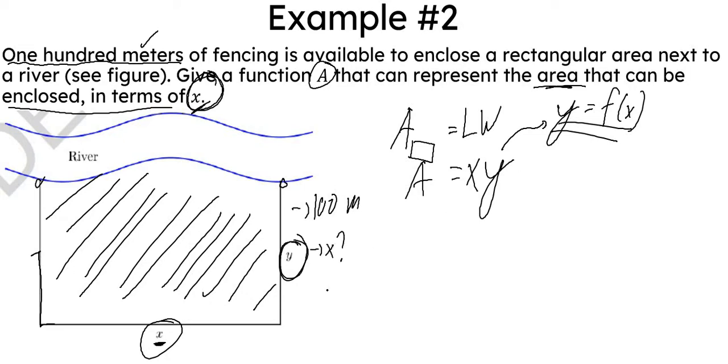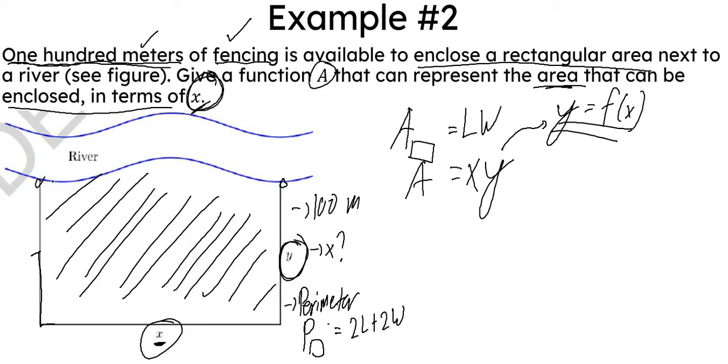Our answer would be on the first sentence. 100 meters of fencing is available to enclose a rectangular area. We know that if we're talking about fences, we are talking about the concept of perimeter. And the perimeter of a rectangle would be twice the length added to twice the width.